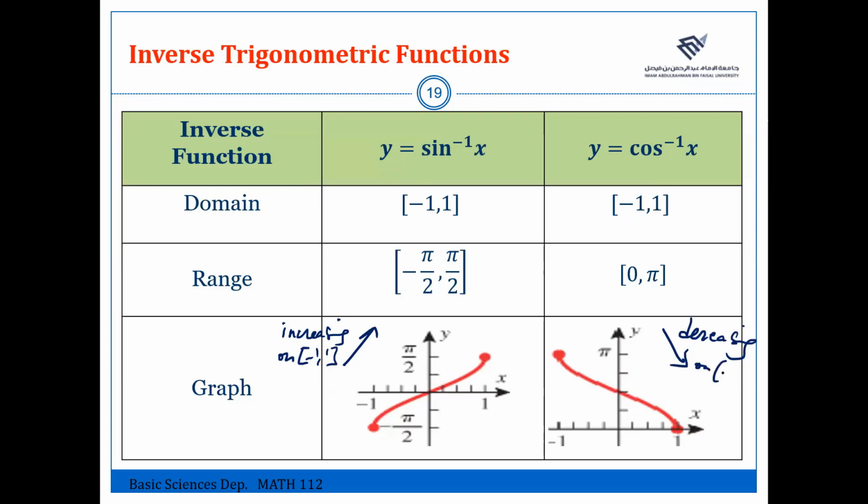Sine inverse is an odd function, and cosine inverse is neither odd nor even. So this is the main results about these two functions.